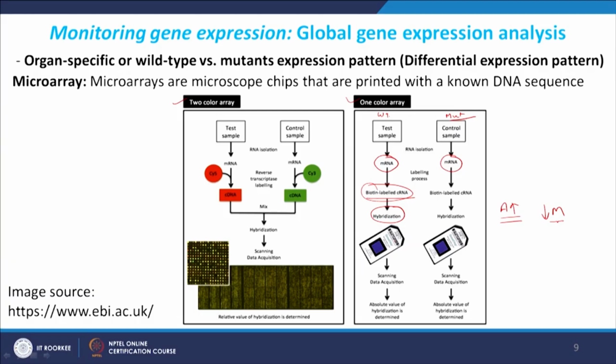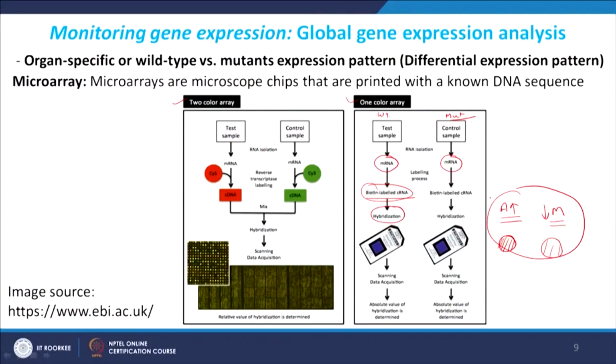Then you expect more cRNA in wild type and less cRNA in the mutant, and when you hybridize on the chip, you expect more signal for that probe in wild type, whereas less signal in the mutant. Then you compare the signal intensity, do the data acquisition and scanning, and if you calculate the absolute value of hybridization, you can identify the difference in the expression pattern of gene A between wild type as well as mutant.